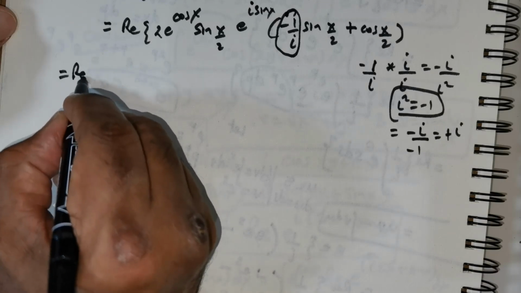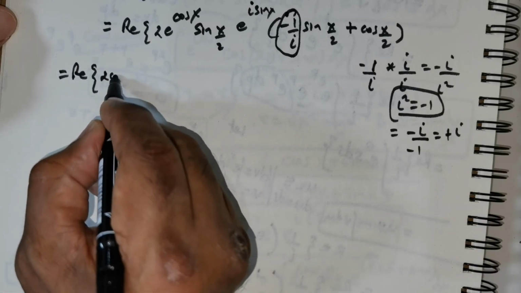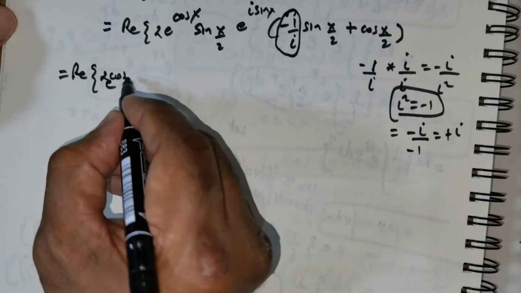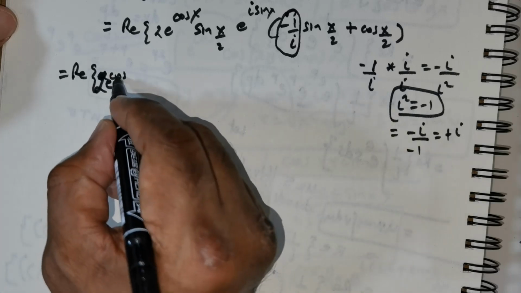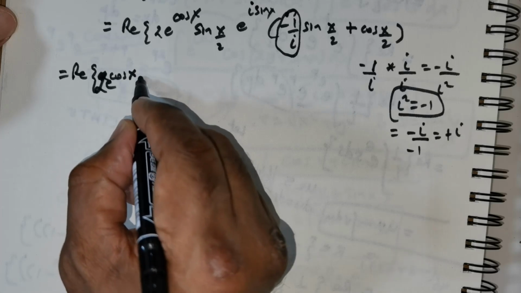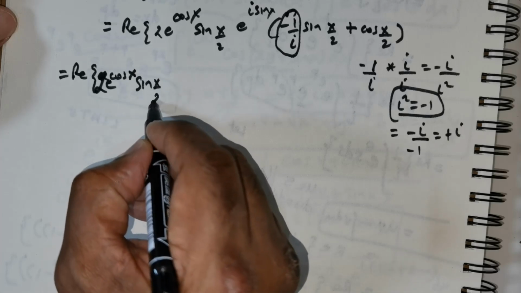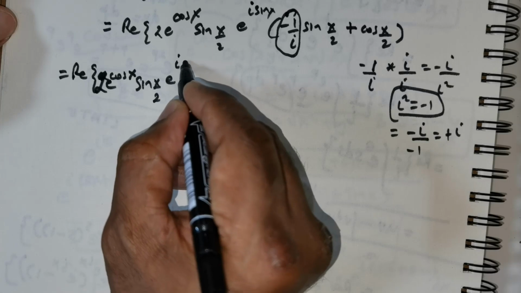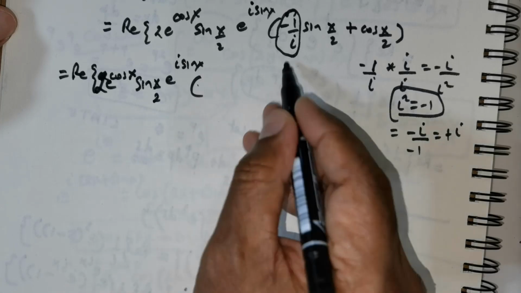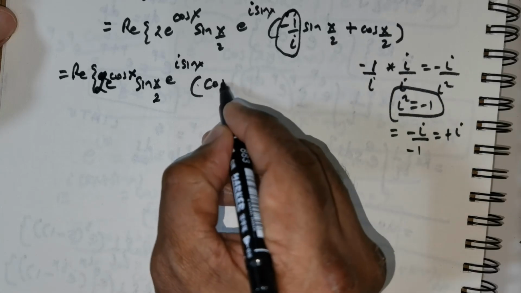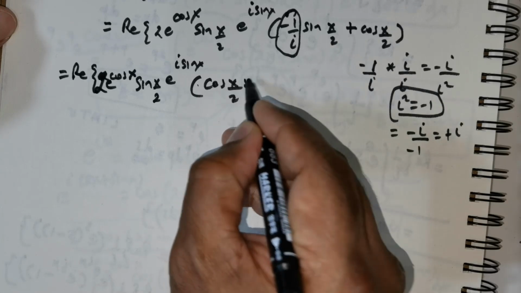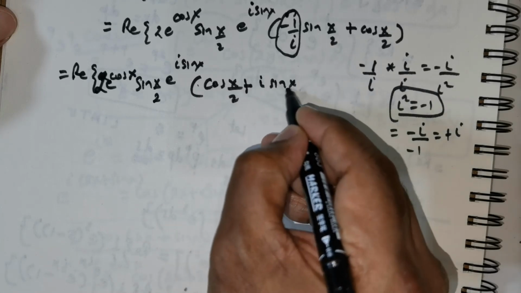So this is equal to the real part of 2 times e raised to the power of cos x times sin x over 2 times e raised to the power of i times sin x, times, this is positive i, so i sin x over 2. So let me write that as cos x over 2 plus i sin x over 2.